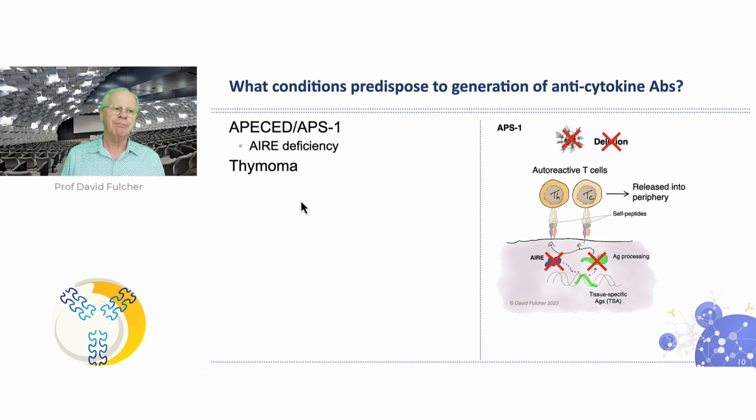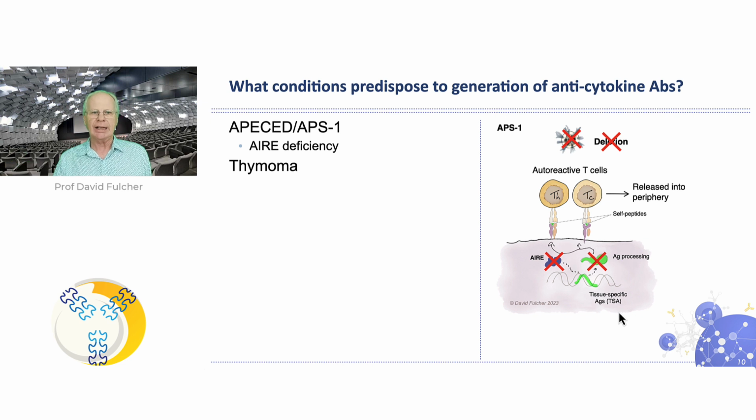So thymoma, and the other condition that I talk about in the course is APOSED or APS1 or AIRE deficiency. And if you remember the talk on T cell selection, AIRE is responsible for turning on tissue-specific antigens in the thymus which allow autoreactive T cells to be deleted against various tissue-specific antigens throughout the body.